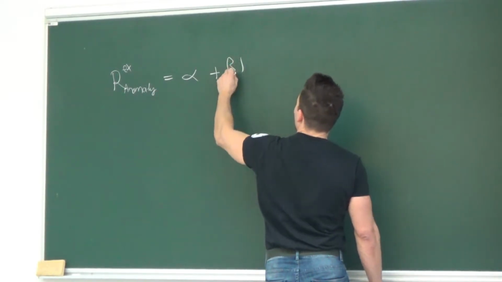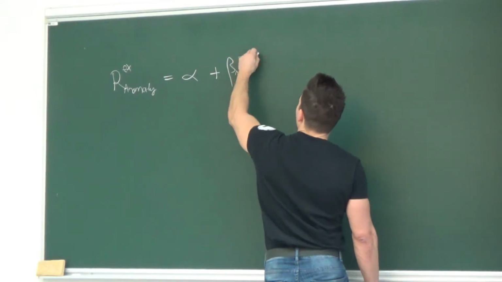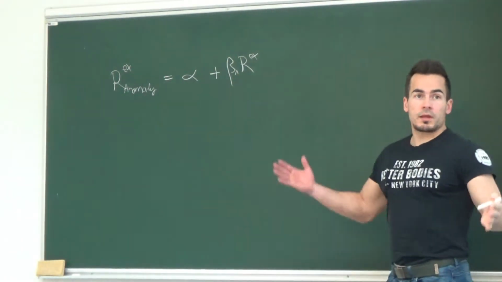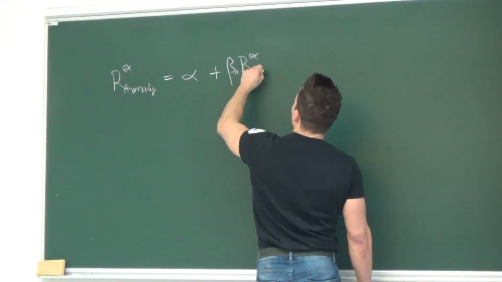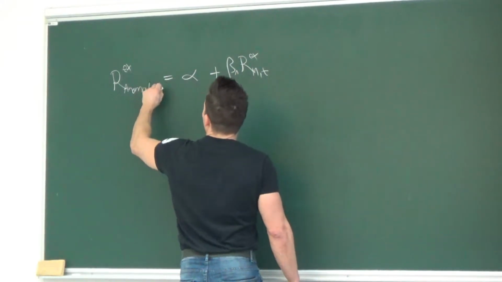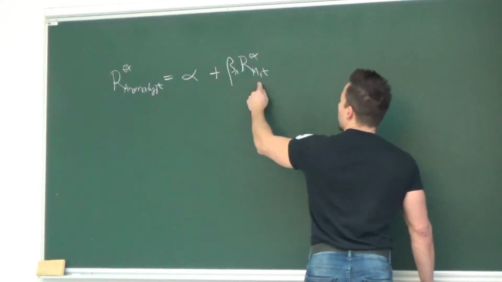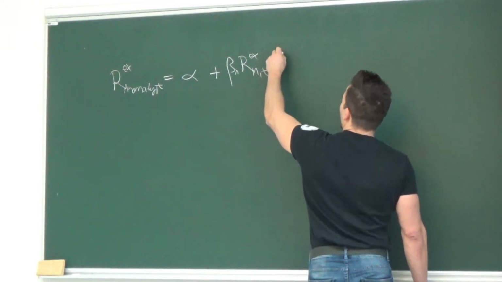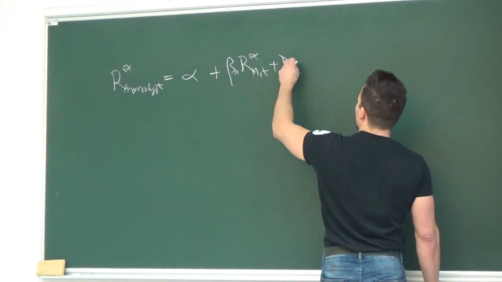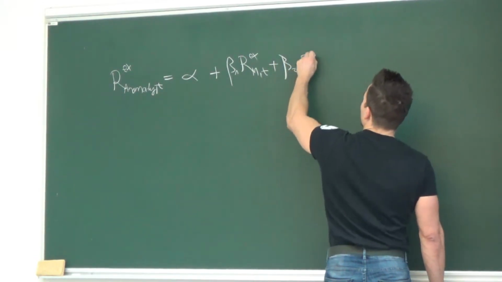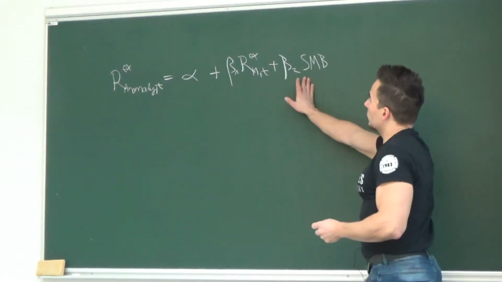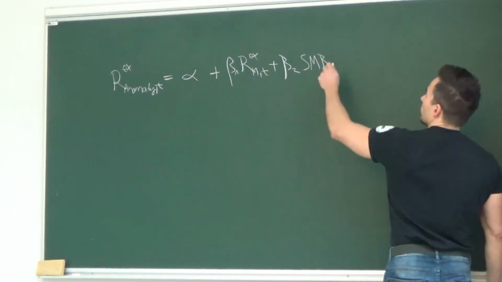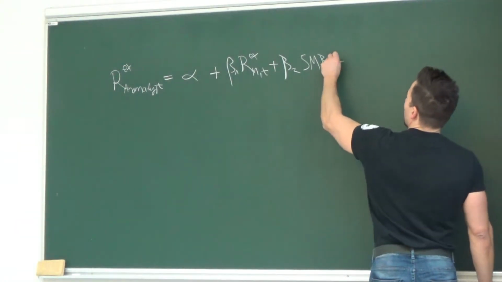Then you usually have the market factor. If we consider the stock universe, you usually have the market factor, which is the stock index, or in the US we also have this risk index. So we have the anomaly at time t, the market factor at time t in excess terms, plus, let's say we also use the size factor, SMB, a portfolio that is long on small stocks and short on big stocks, at time t.